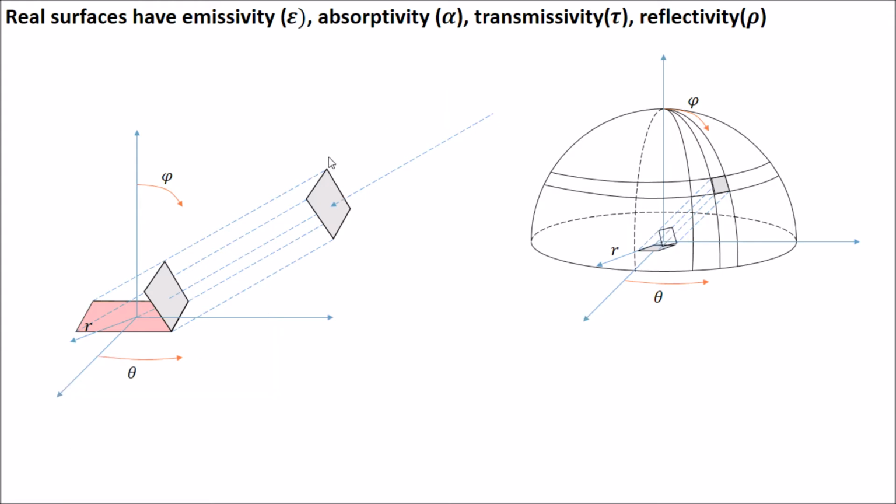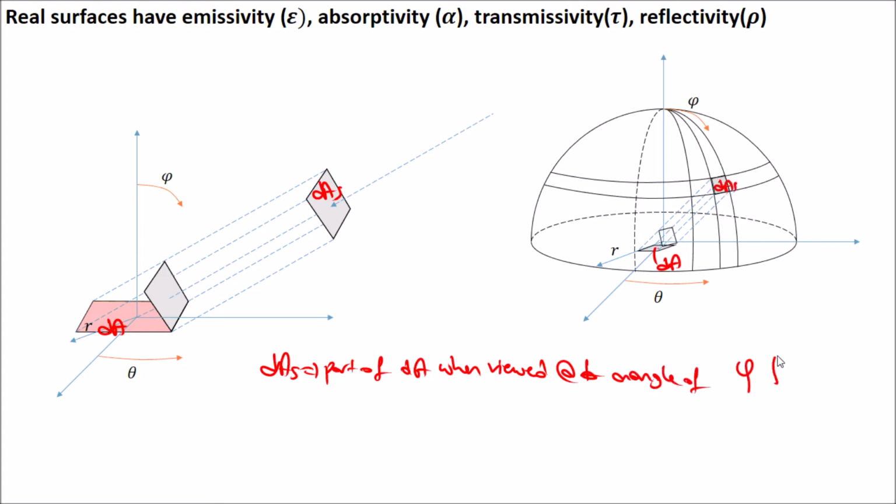And dAs here, and you have the dA. If you go back to spherical coordinates, you have the dAs here, dA here, which is the original area. If you notice, this dAs is part of dA when viewed at an angle of phi and theta and r.